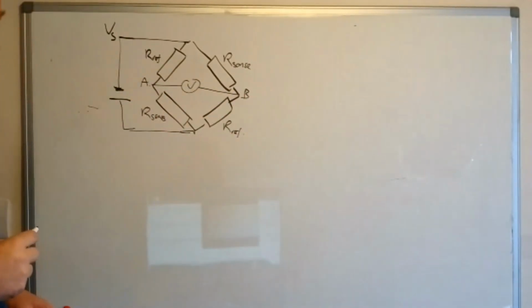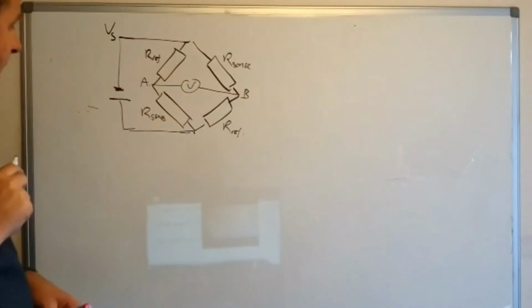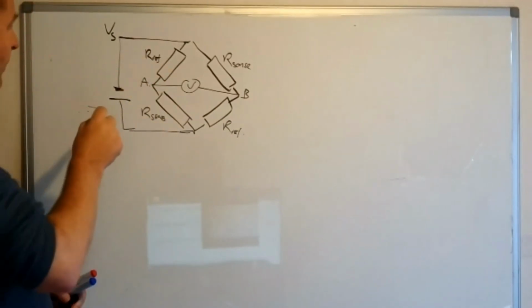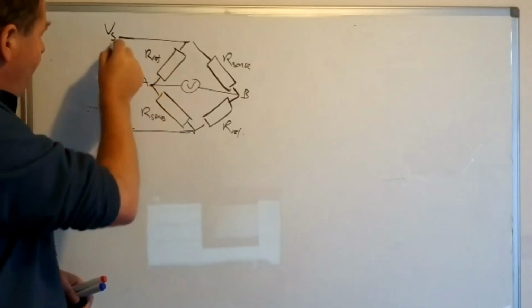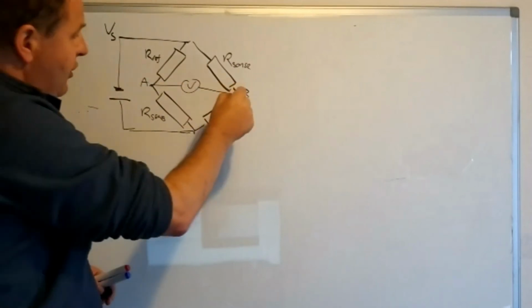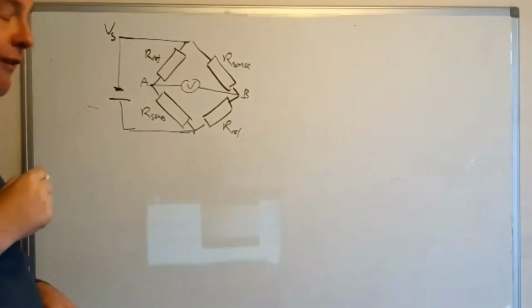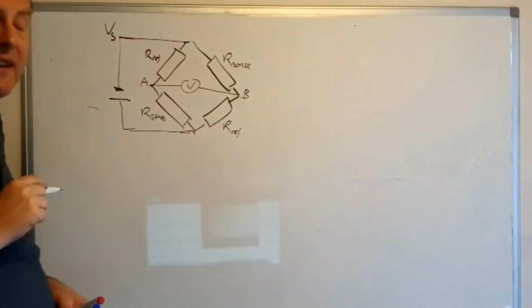Now, if we set things up so that our reference resistor is approximately the same as the sensor resistor, then it should be fairly clear, I hope, that the voltage here is going to be about half of the supply voltage we're applying to the network. And the voltage at this point here is also going to be about half of that. Therefore, the voltage difference from A to B is going to be very, very near zero.